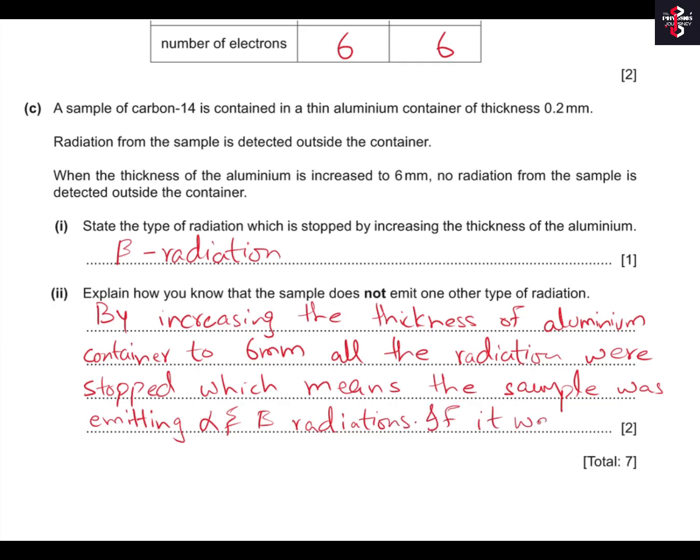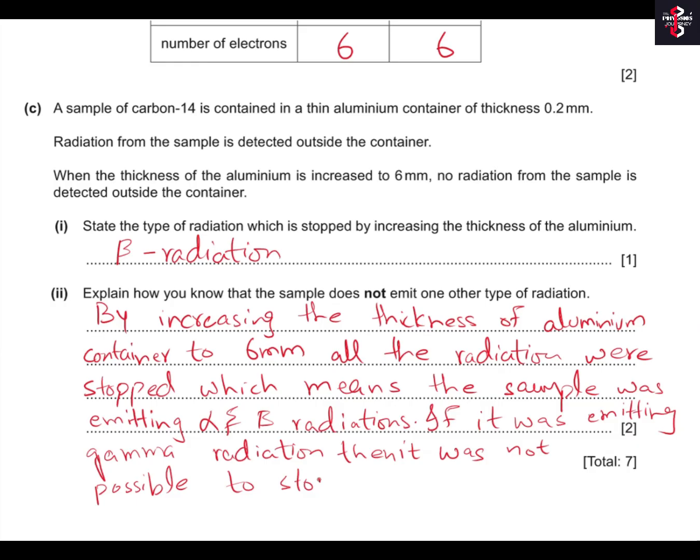If it was emitting gamma radiations, then it would not be possible to stop them using the aluminium container.